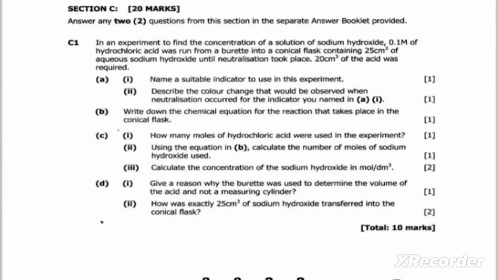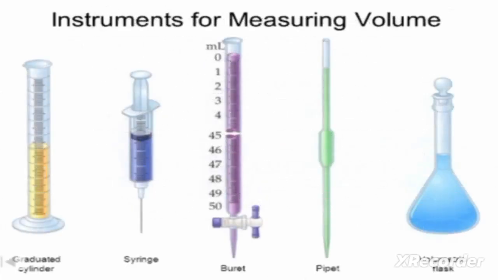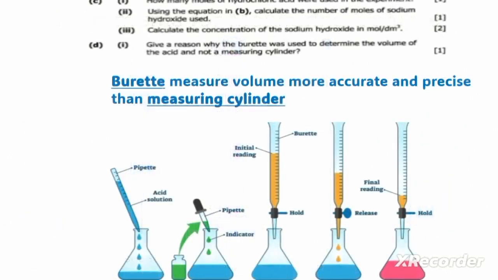So why did they use the burette instead of the measuring cylinder? The burette is found here, and the measuring cylinder is found here. So why did they use the burette instrument, which is here?